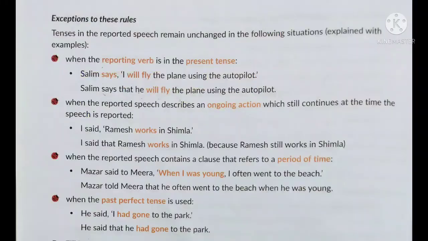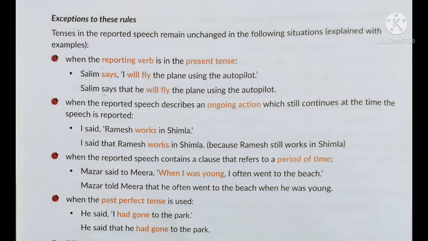Tenses in the reported speech remain unchanged in some of the following situations. First, when the reporting verb is in the present tense. An example is, Salim says, I will fly the plane using the autopilot. You can notice the reporting verb is in the present tense.